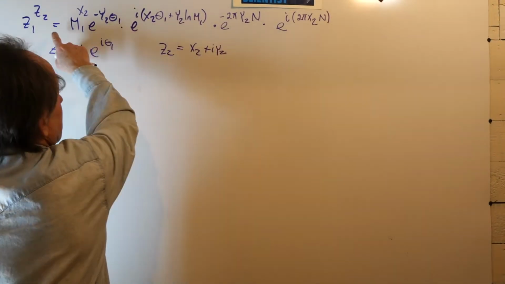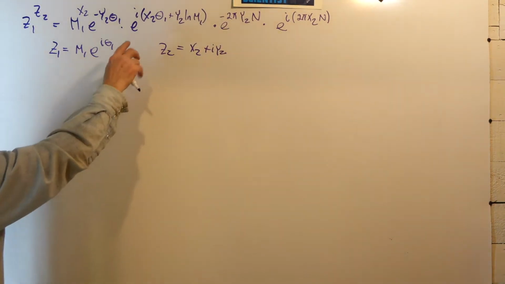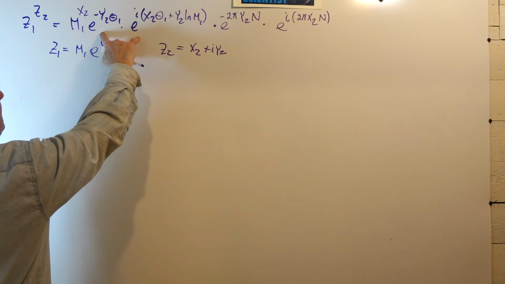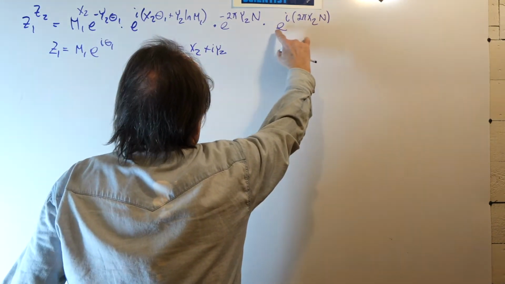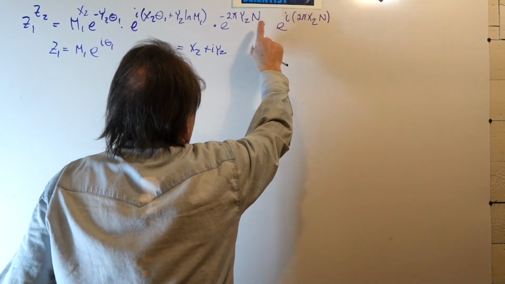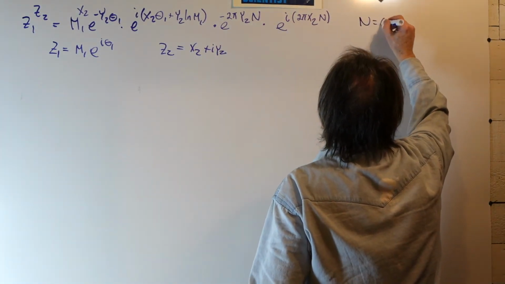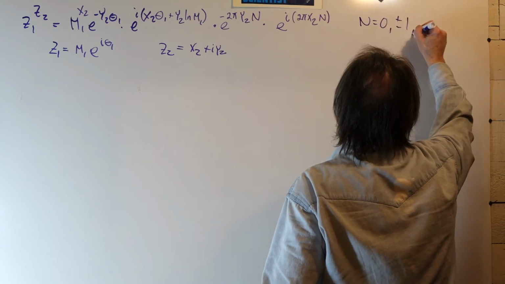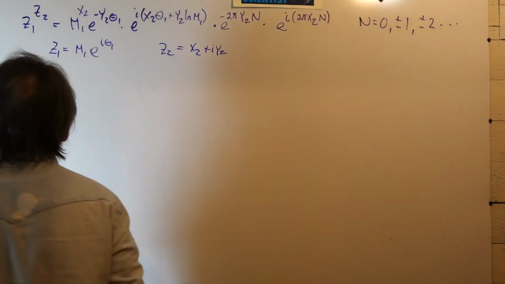Here's our expansion that we just derived. I have it partitioned into the fixed part and the variable part, as n is an integer that can go, n can be 0, plus minus 1, plus minus 2, and so on. Be a member of the integers.